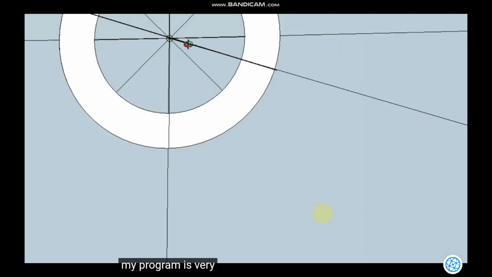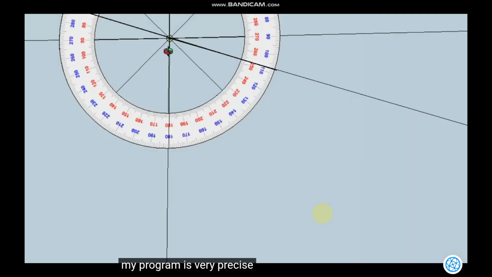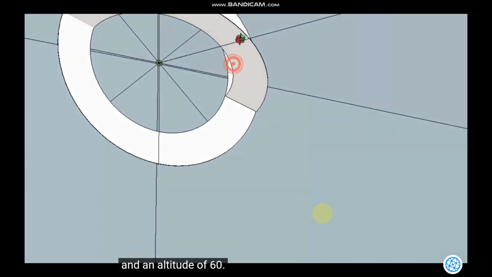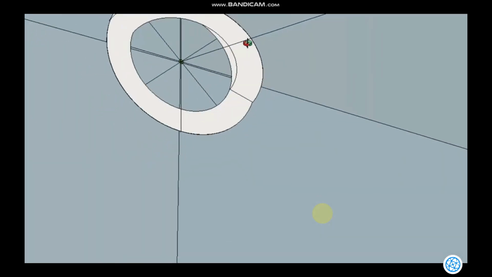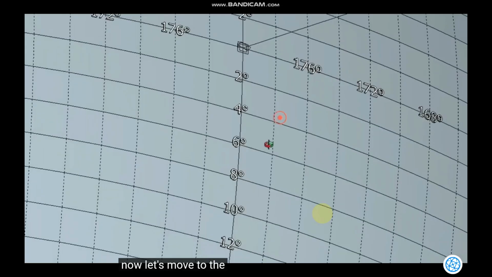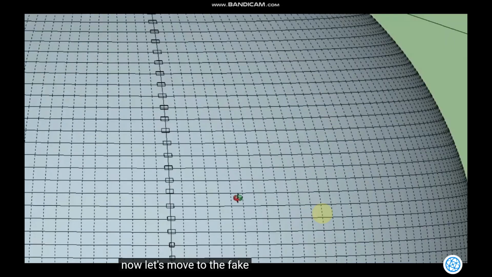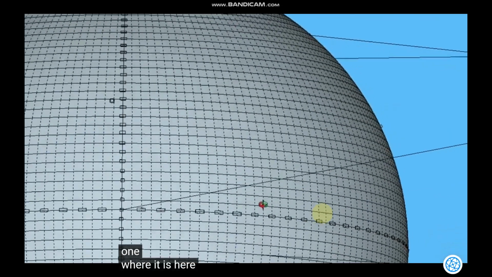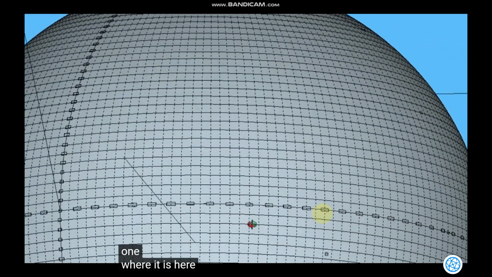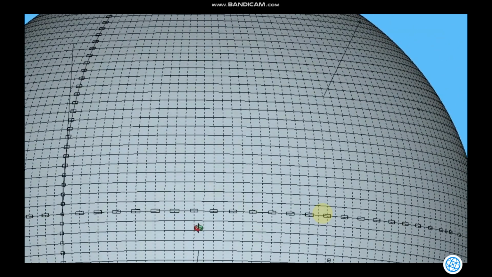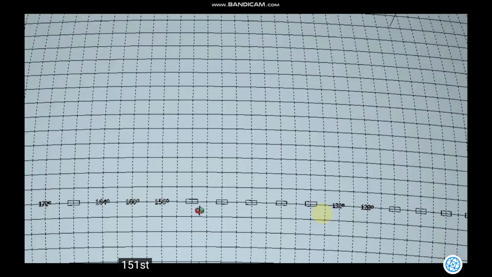My program is very precise. And an altitude of 60. Now let's move to the fake one. Where it is, here. 151st. Declination 8.